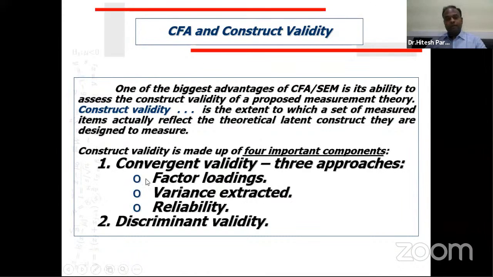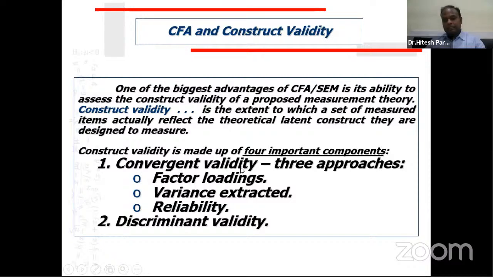So construct validity has these components. The first component is known as convergent validity, and the second component is known as discriminant validity. If we find convergent validity okay and discriminant validity also okay, then we can say that the construct validity is perfect.